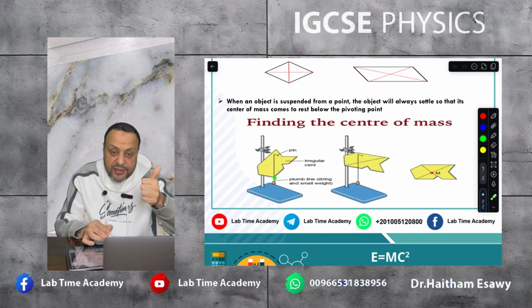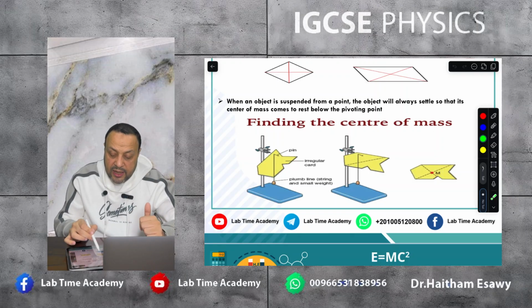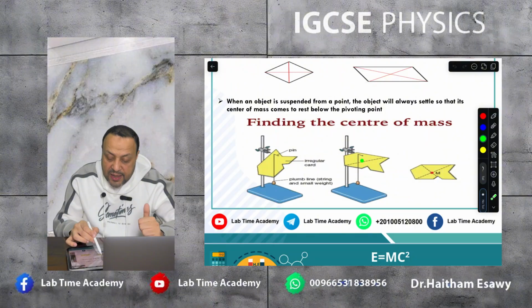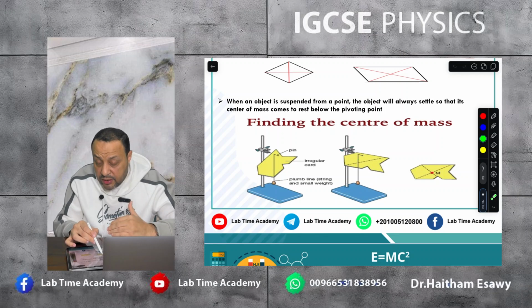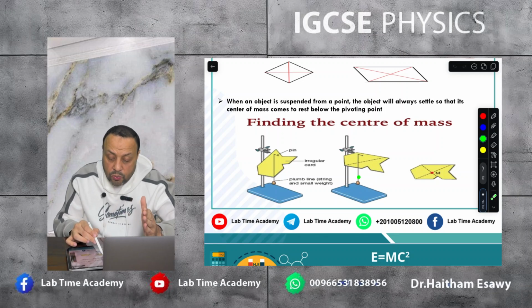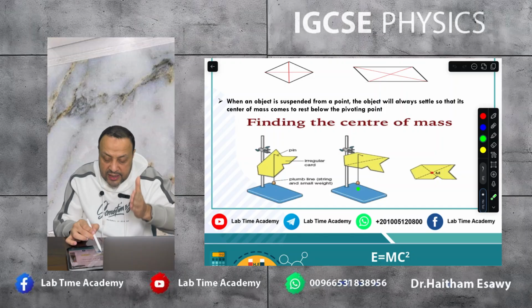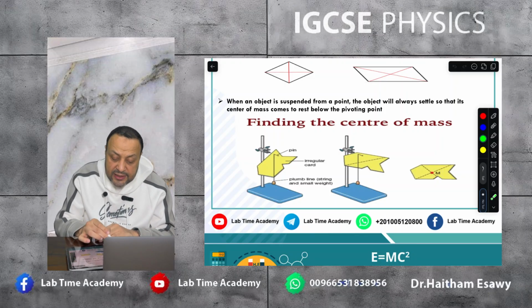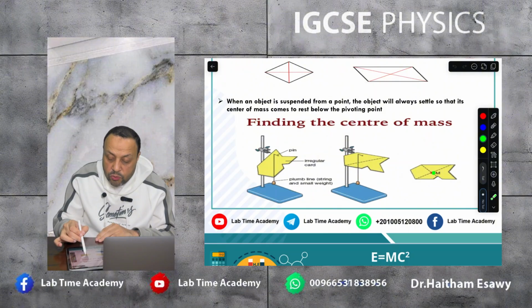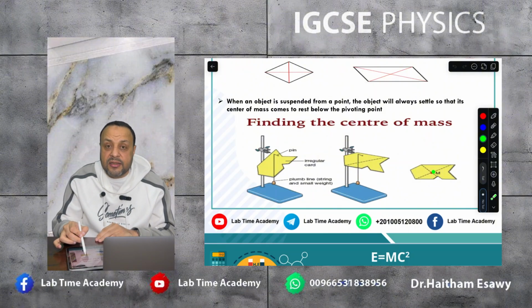So this will be the first thing. The second thing, I suspend the lamina at another point, like this point, and I repeat what we said. I use the plumb line, and after allowing it to settle, I draw a vertical line downward using a pencil. The intersection between these two lines will be the center of mass or center of gravity.